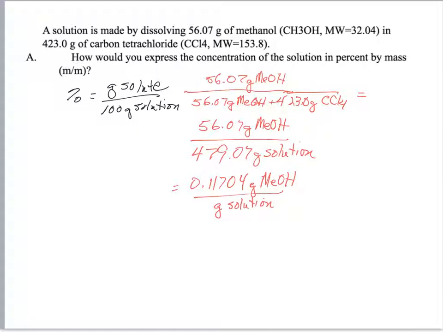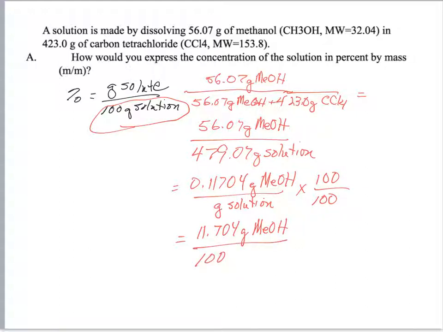But since we have to express it in terms of 100 grams of solution, this is where in percent, most people don't realize you're multiplying by 100 over 100 and not reducing. So that's going to equal then 11.704 grams of methanol per 100 grams of solution.